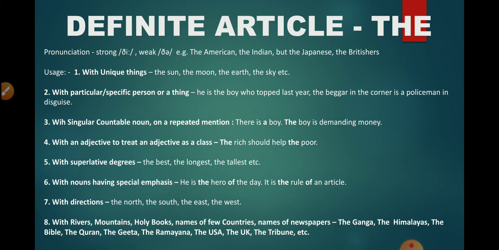So this is how we must use, in most of the cases, the definite article the before a common noun when the preposition of follows or comes after that particular common noun.